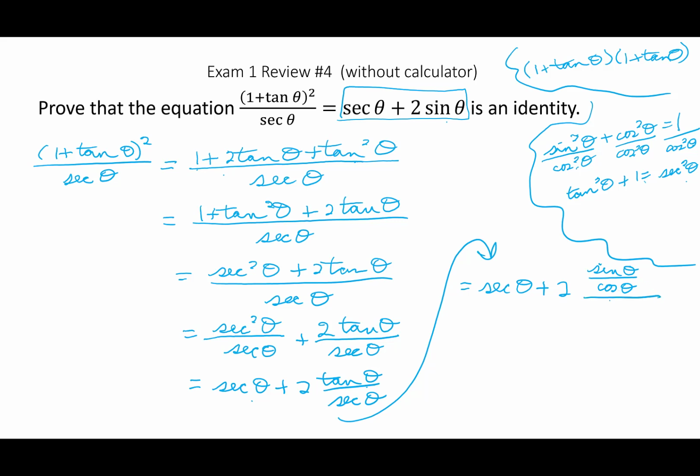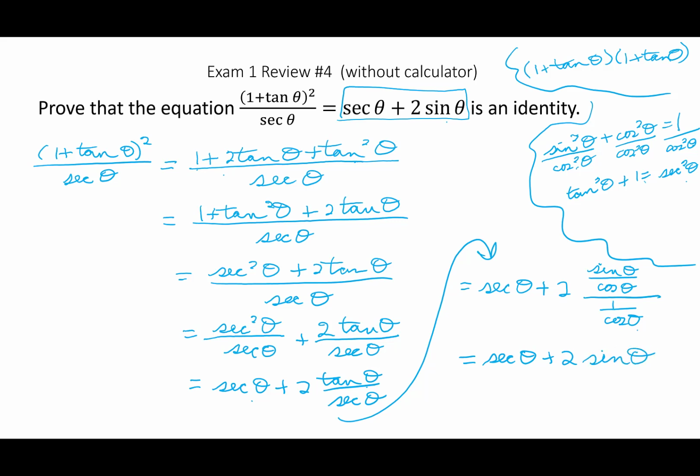And then sec θ is 1 over cos θ. So we end up with sec θ plus 2 times sin θ over cos θ divided by 1 over cos θ, which is the same as sine over cosine times cosine over 1. We end up with sin θ.